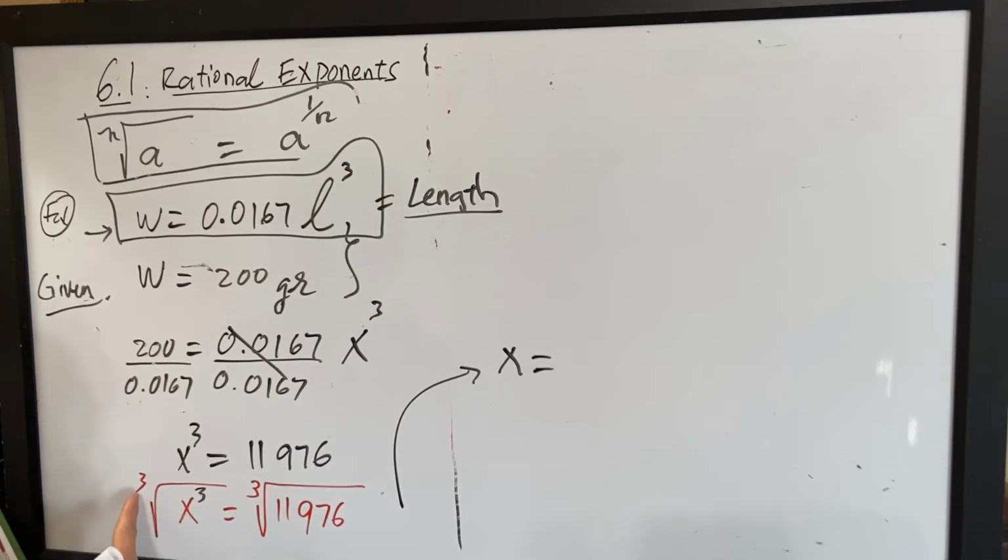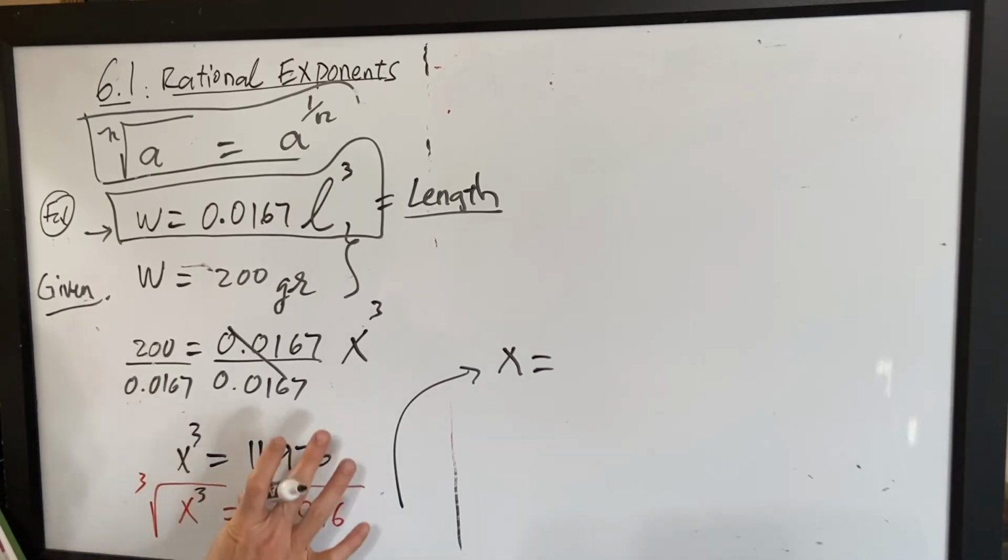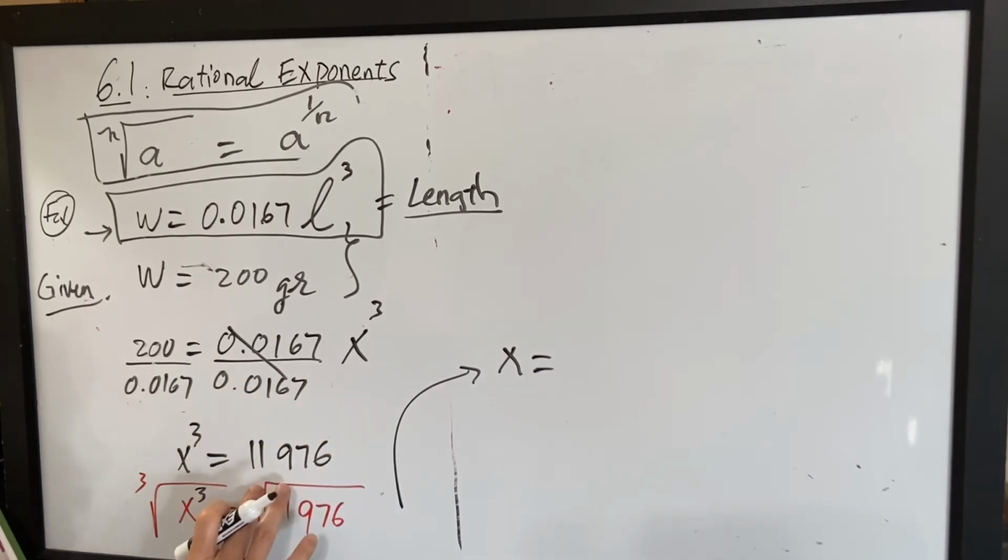Because if you take the third root on one side, you have to be fair to the other side. If you take the square root, you still get a value, but it's not the true value. Therefore, the same thing to both sides will give you the true values of the original function.